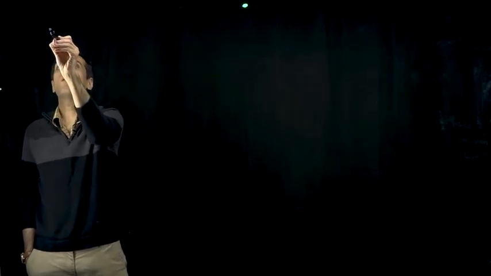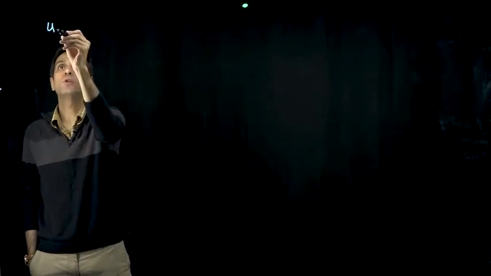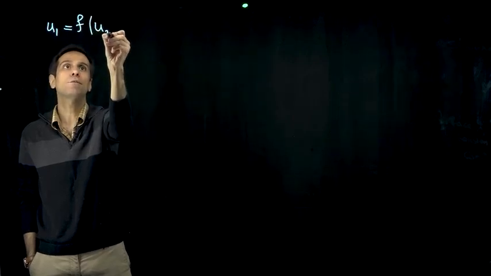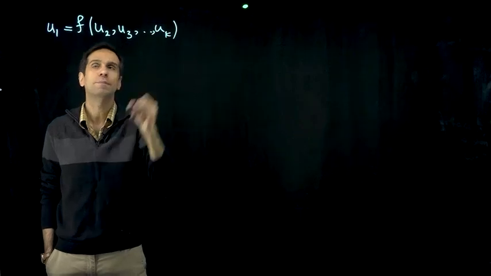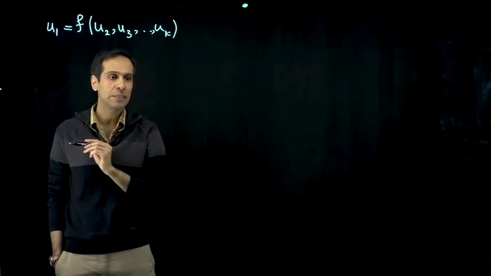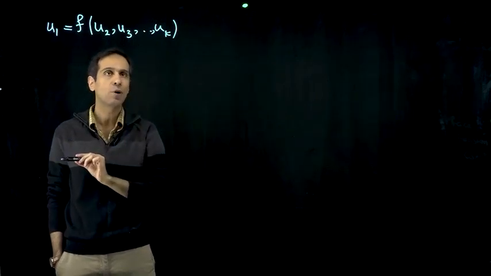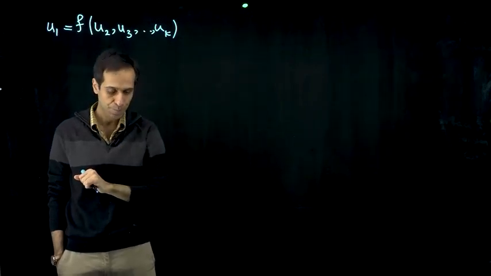Okay, now let's say the problem has k independent dimensional parameters, u1 up to uk, and I can say u1 is a function of u2, u3 up to uk. As you can see, u is any arbitrary dimensional parameter involved in the problem, and there are k of those parameters.